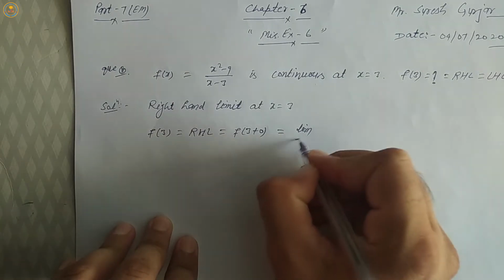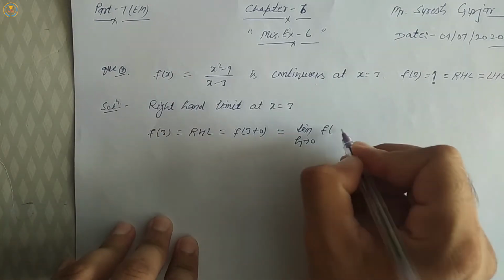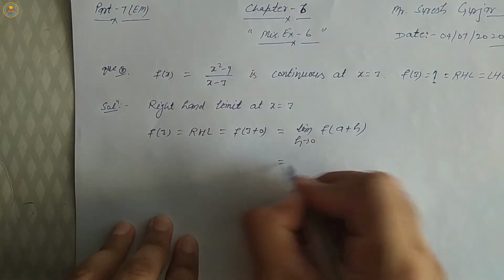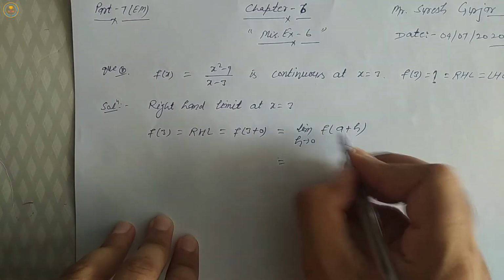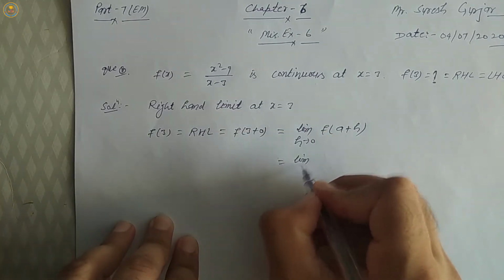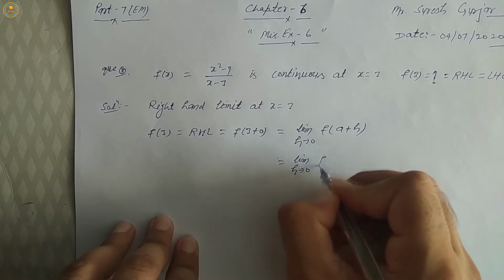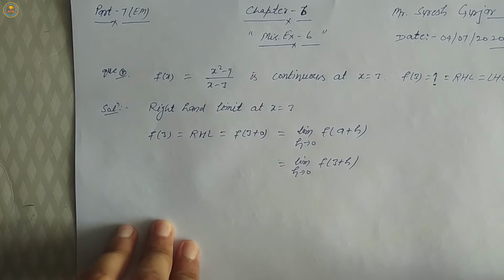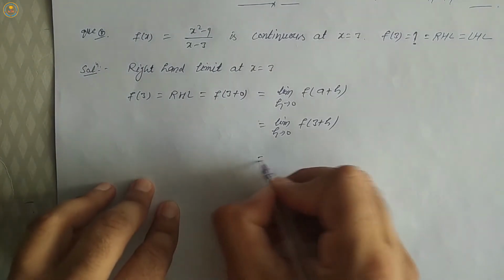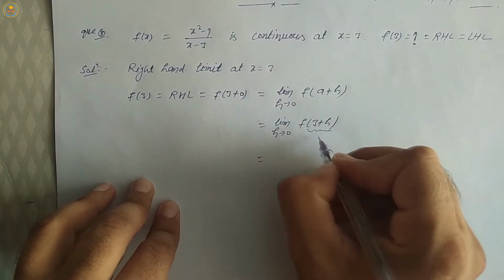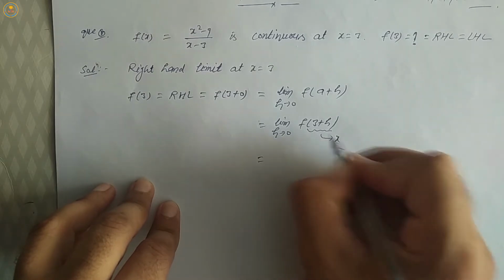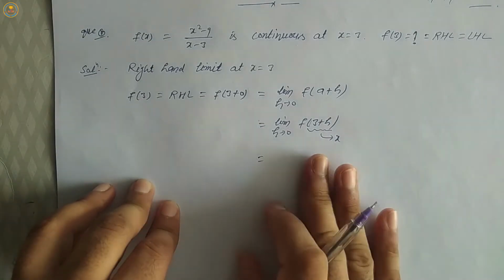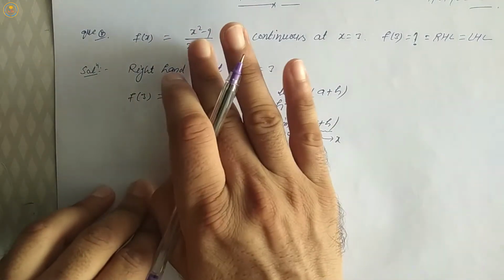Limit h tends to 0 f(a+h). x = 3, it means a = 3. Limit h tends to 0 f(3+h). f(3+h) means f(x) with x = 3 + h, putting the value of x in the function f(x).